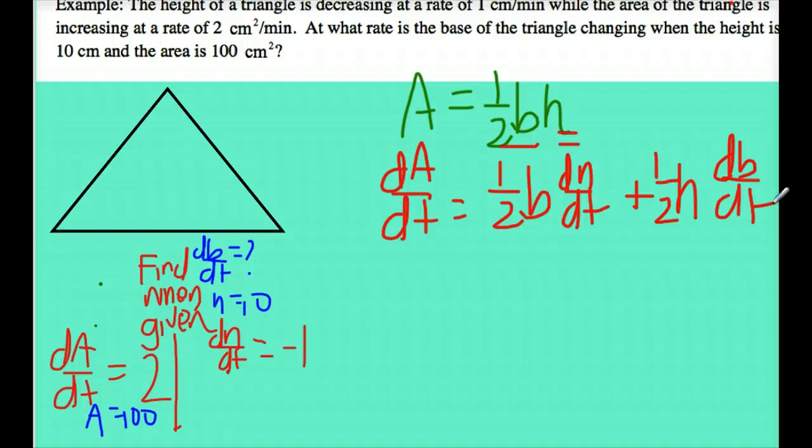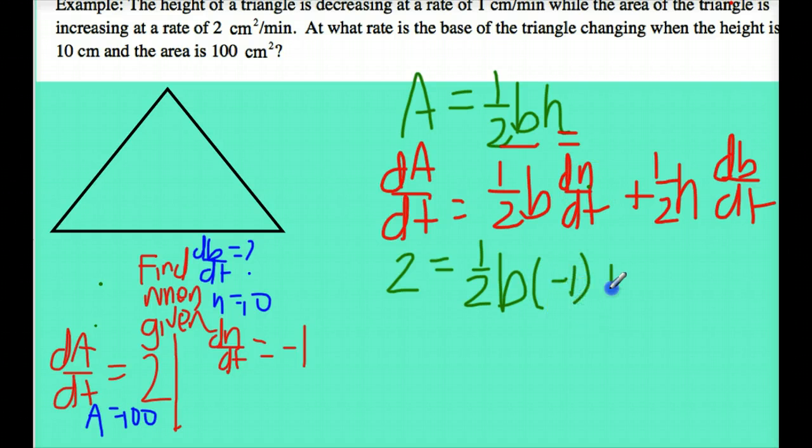So let's plug all our information in. I know dA dt is equal to 2, 1/2. I don't have a base right now. I do know the height is decreasing at -1, plus 1/2. My height is 10, and I'm looking for dB dt. So I can't finish solving this till I get a b.